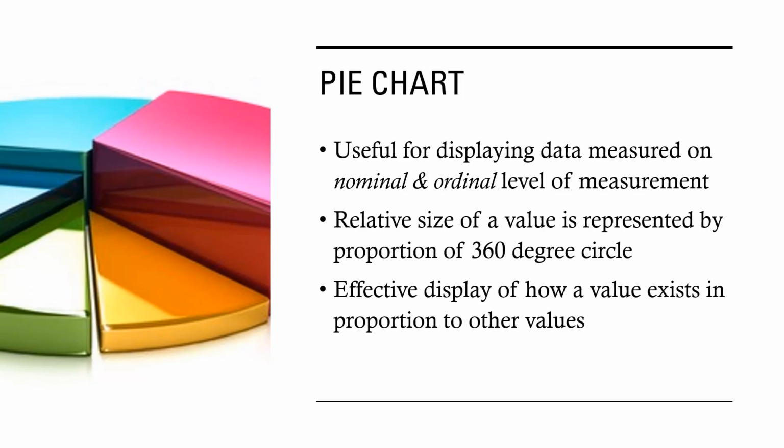So the relative size of each value is represented by a pie slice. This is an effective way of showing how values exist in proportion to other values on a variable.